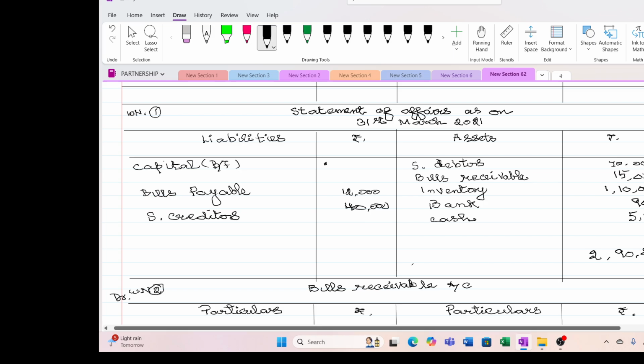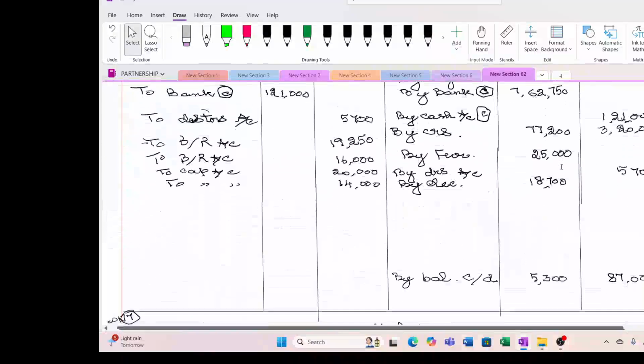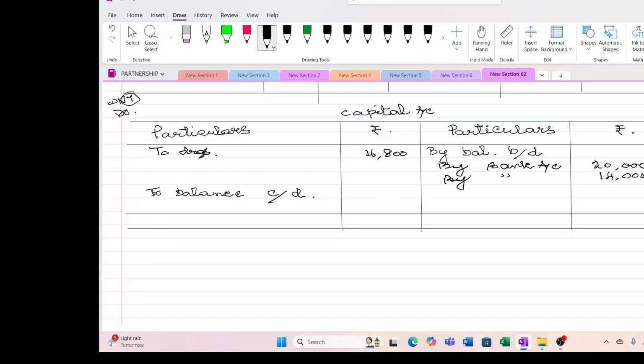So the balancing figure comes to 2 lakh 38,200. 238 plus 10 is 248, 250, 290,200. So the total comes to 2,90,200. First I will take this 238,200 to my capital account. The balancing figure will come to my capital account, the opening balance 238,200.